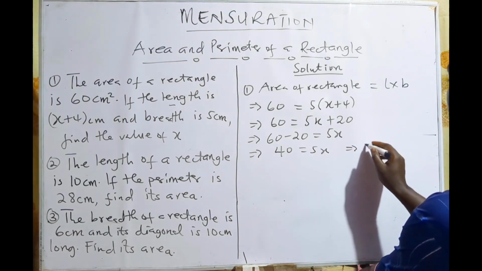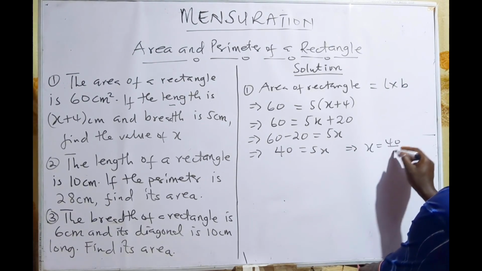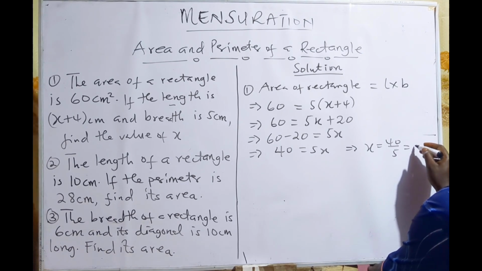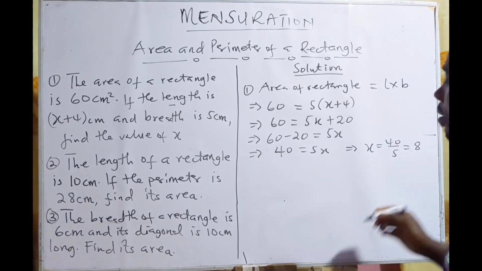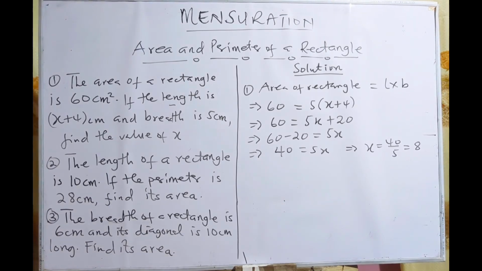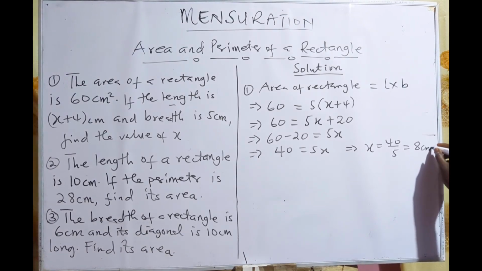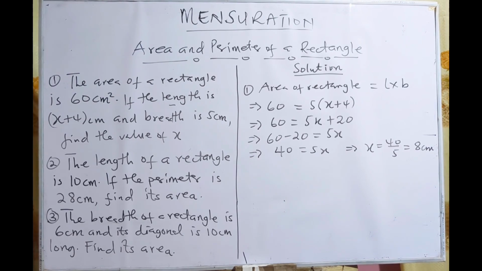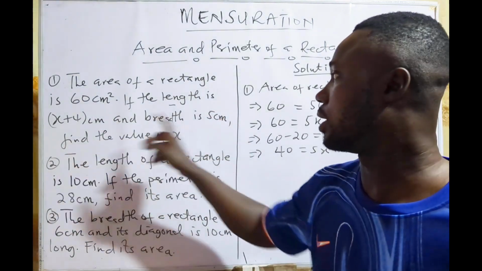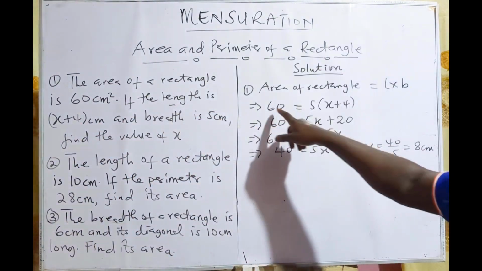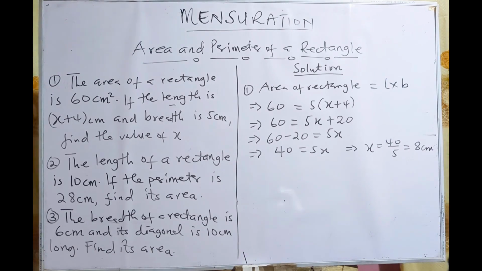Divide through by 5. 40 divided by 5 will give me 8. So the value of s is 8, and since s is in centimeters, that will be 8 centimeters. So simple. You are given the length, you multiply the two and equate it to the area, and then you get the value of s.